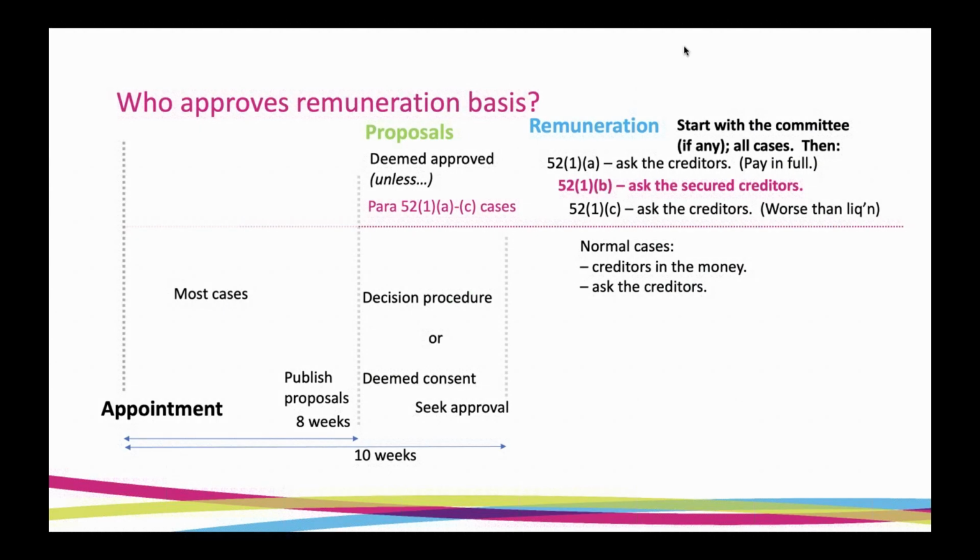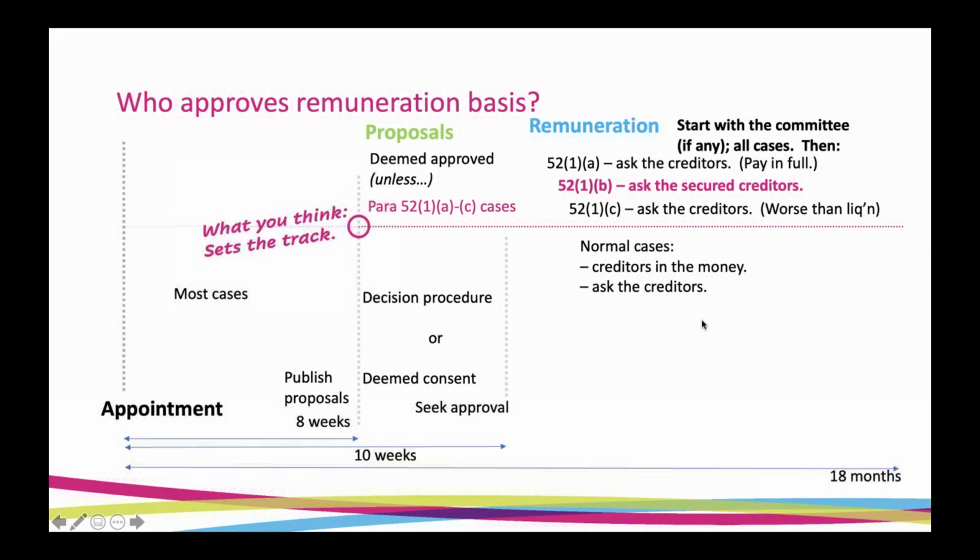So this is then my attempt to put absolutely everything that I've been talking about onto a single slide. So starting from appointment, in all cases you have to publish your proposals within 8 weeks. It is the publication of those proposals, what you say in them at that time, what you think the result will be, that will set the track for the duration of the administration.